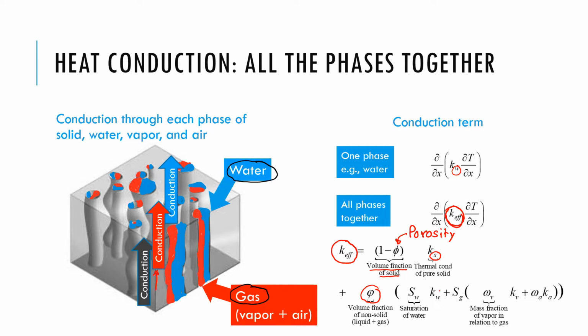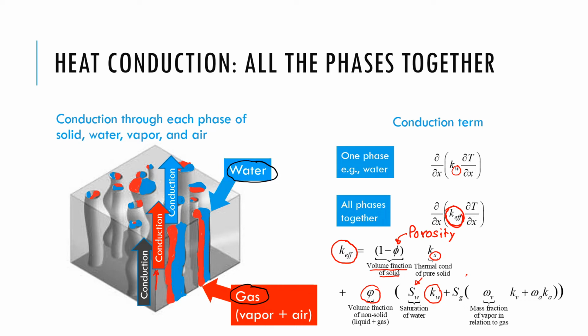So it's Kw, the thermal conductivity for water, times the saturation of water, which is the volume fraction of water in the porous part. So volume of water divided by volume of water plus volume of gas.